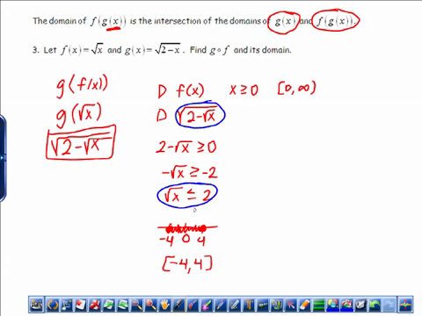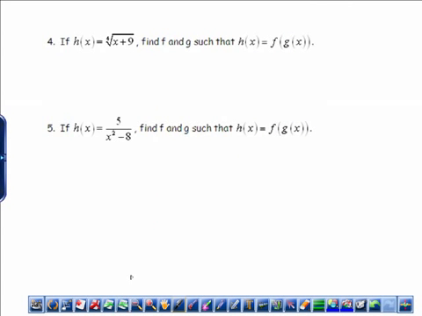It's about using your brain to figure out, whenever you have to do domain, you have to use your brain. So I don't want a negative 4 there. I really just want from 0 to 4. That is the domain. Many different ways to do this. If you still have questions about this, please ask me in class tomorrow.